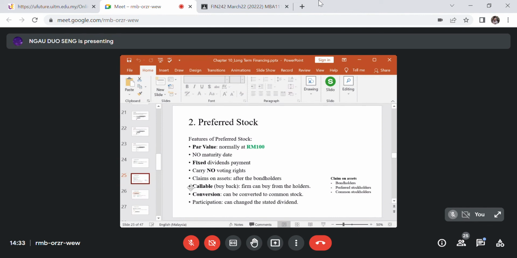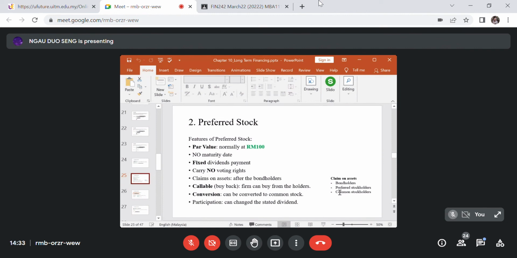Another special will be the conversion. This one sama juga. Kalau preferred stock, dia ada option conversion. Right? Can be converted to common stock. This is referring to preferred stockholders. Right? Preferred stockholders, kalau dia ada option untuk convert atau kita panggil dia tukar. They can convert from preferred stock to common stockholders. So kalau dia nak tukar, boleh. Kalau ada conversion option. This one dia boleh bertukar daripada preferred stockholders kepada common stock.